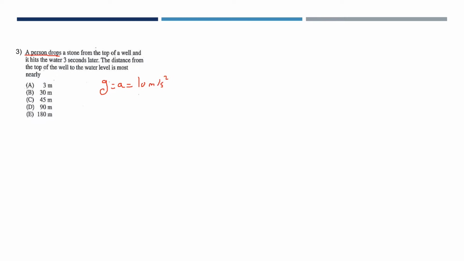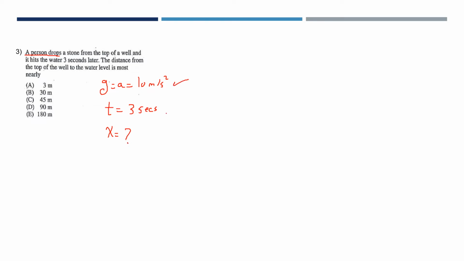A person drops a stone from the top of a well and it hits the water 3 seconds later. T equals 3 seconds. The distance from the top of the well to the water level is most nearly what? We would like to find x.